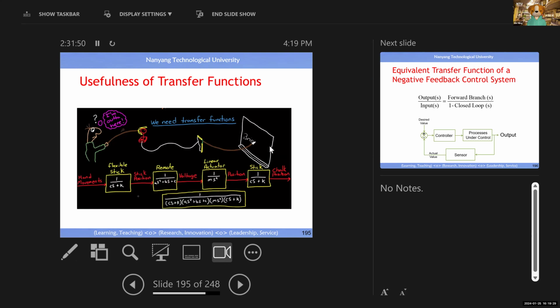For example, this person uses his hand to carry a flexible joystick, a stick, to control 2 degrees of freedom of a joystick. This joystick controls a 2-finger hand, a robot hand with 2 fingers. The robot hand with 2 fingers carries another flexible stick, right? Then this will carry a chalk.